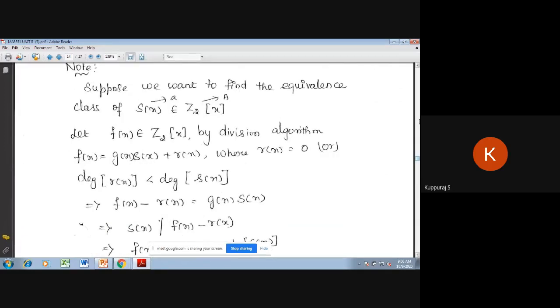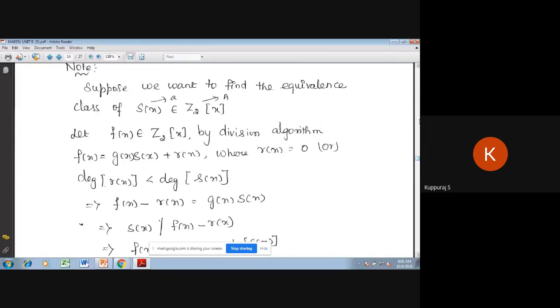Suppose we want to find the equivalence class of s(x), where s(x) belongs to Z2[x]. Consider f(x) belonging to Z2[x]. By the division algorithm, f(x) divided by s(x) gives the quotient g(x) and remainder r(x). We know the remainder may be 0 or the degree of r(x) is less than the degree of s(x).